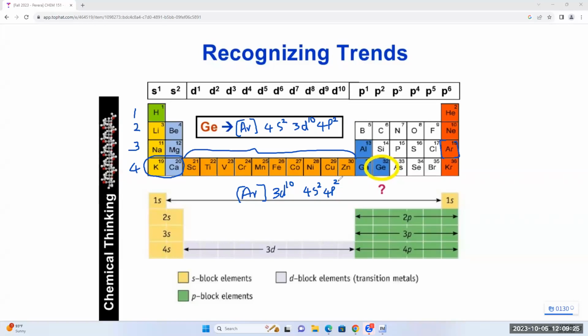But once it is filled, a larger region of 4s still has a higher energy than 3d, and that's why I rearranged that to be like 4s2 and 4p2, with 4p2 at the end. That's a rearrangement, and that is something we have to get used to.